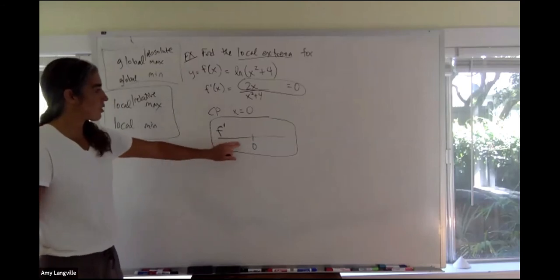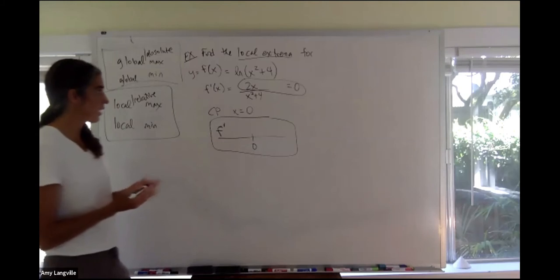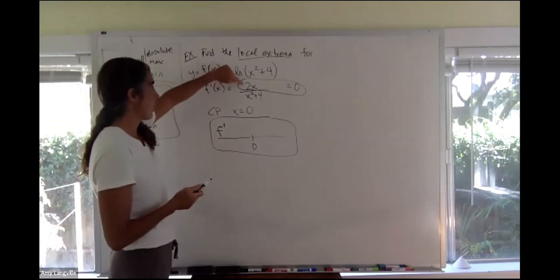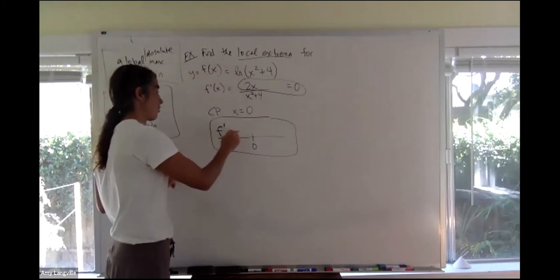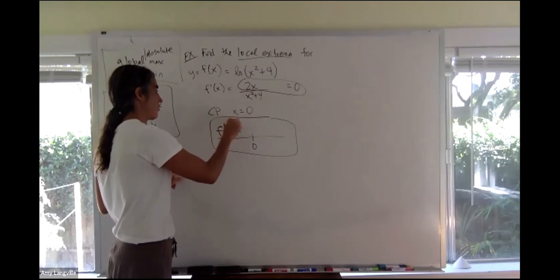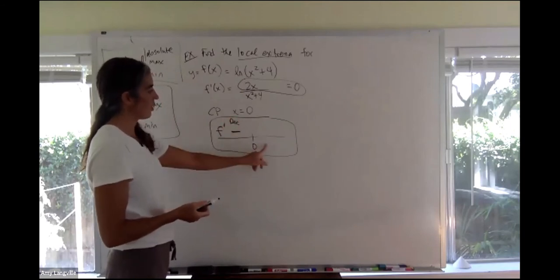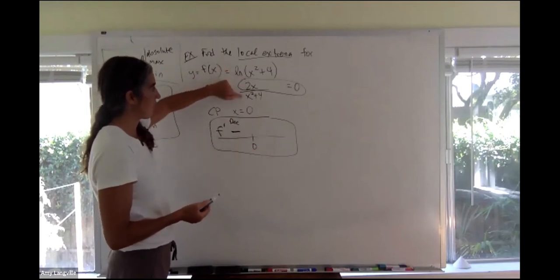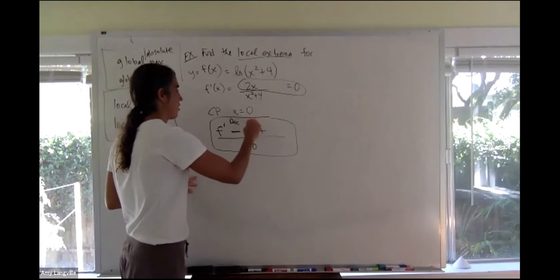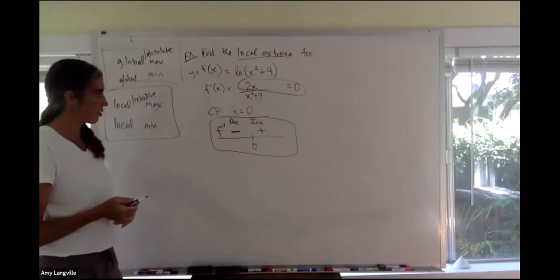Okay, so I pick something to the left of 0, try -1, and plug that into the derivative. So f prime of -1: I'll have a negative in the numerator, a positive in the denominator, so it becomes a negative. It's decreasing from -infinity up to 0. And then when I try something over here, like +1, I'll have a positive number over a positive number, so it's positive, and the function is increasing from 0 on.